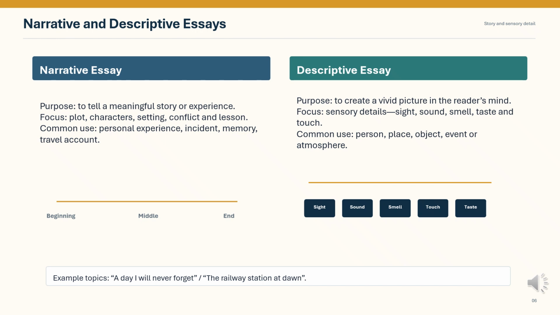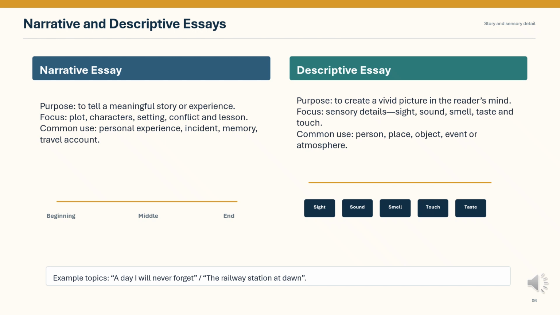Now, coming to the descriptive essay, on the other hand, it creates a vivid picture. It focuses on sensory details: what we see, what we hear, what you smell, taste, and touch. For example, the railway station at dawn. So you see, it is a descriptive topic because we need to describe the atmosphere, the sounds that you have heard at the railway station, the people, what kind of people, the description of the people you saw at the railway station, the colors, the movement of that place.